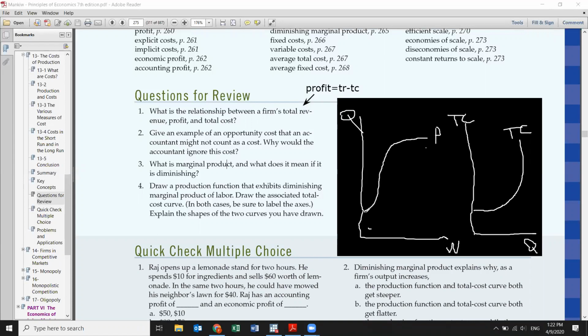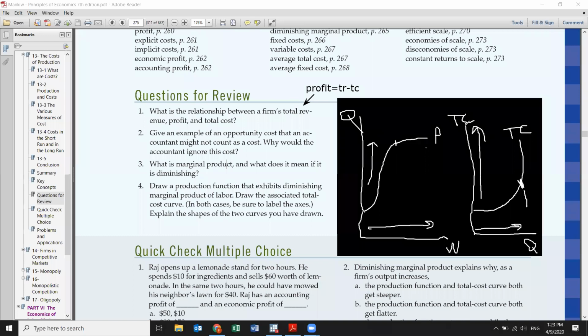As you proceed with the outputs, as you increase the number of workers, this will increase the production level until some point, until here, okay? After that, the production level will be the same, but if you still keep increasing the workers, this will increase the total cost, and your production level will be fixed, so it will not change.